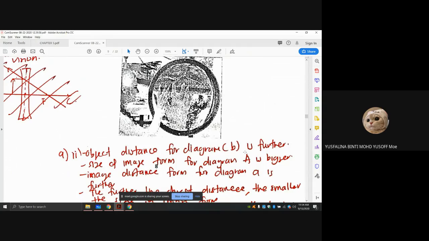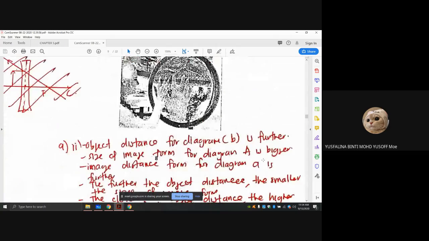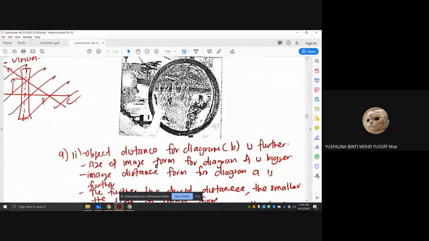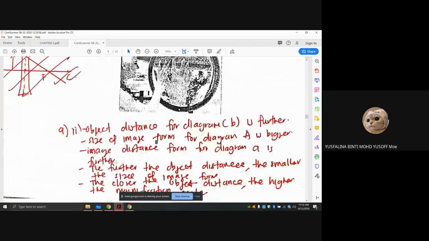And then the size of image for diagram A is bigger. Then they ask you to relate the object distance and the image distance. The image distance for diagram A is further.